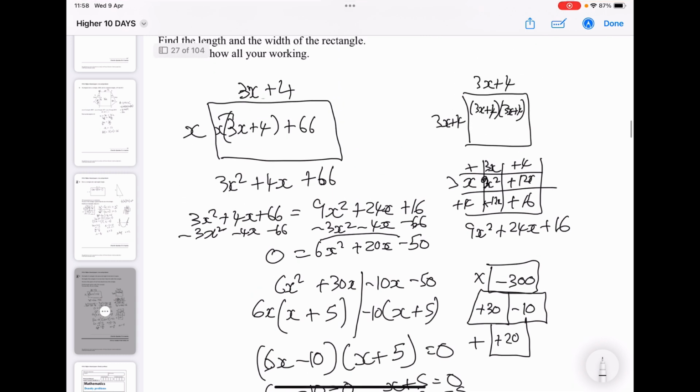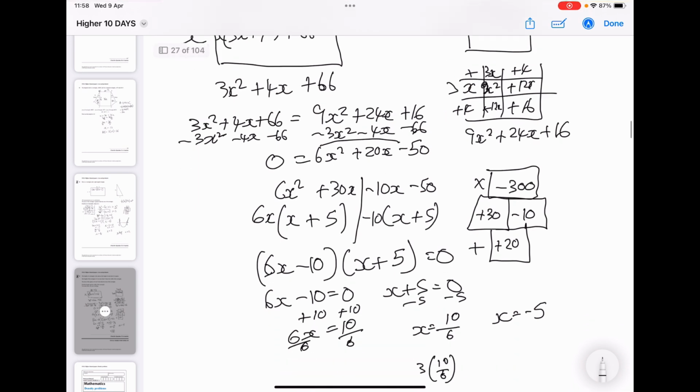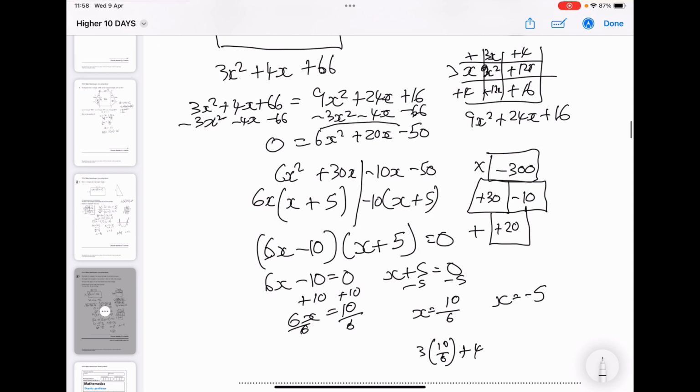I'd leave it as a fraction. And then 3 lots of 10 over 6 plus 4 is 30 over 6 plus 4, which is 5 plus 4, so that is 9.